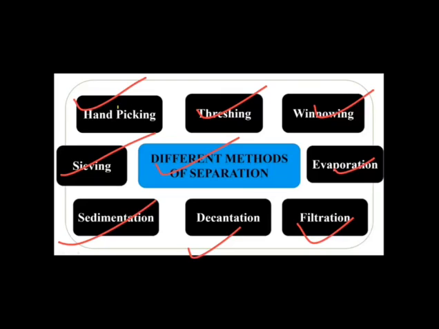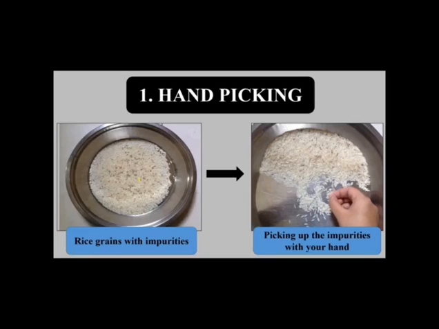So the first method of separation which we have to study is hand picking. So what is this? This is actually a mixture of rice grains and impurities. Before cooking these rice grains, we have to pick up the impurities by hand, and after that we wash the rice and then cook it.